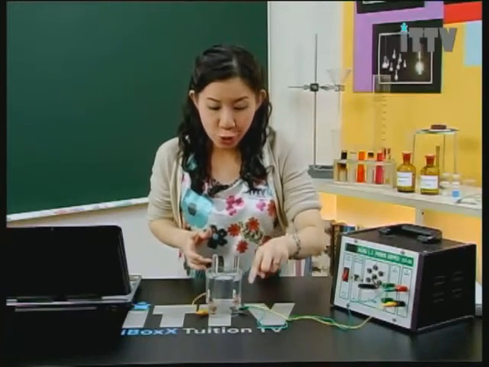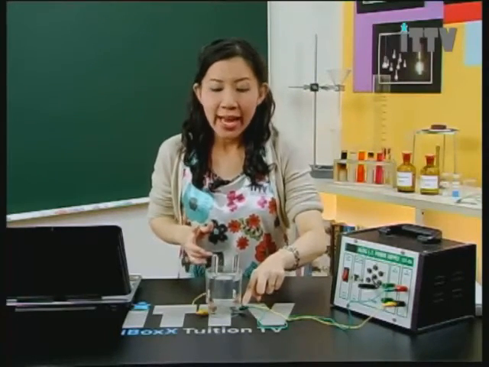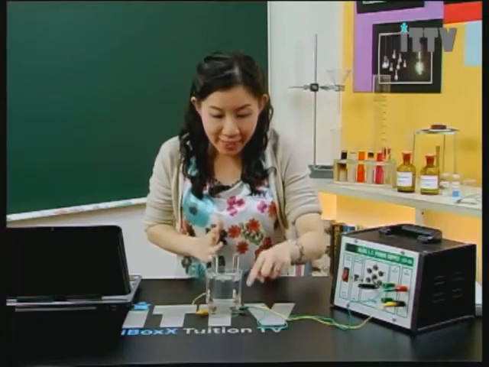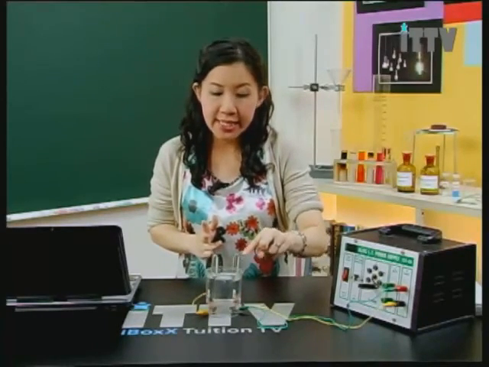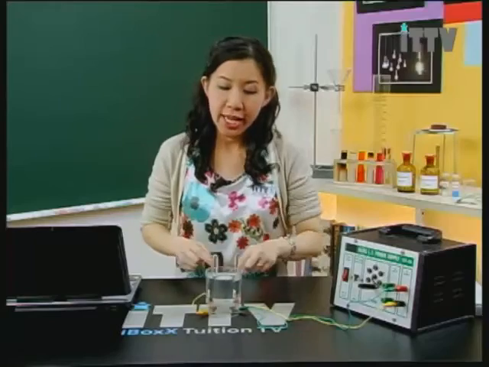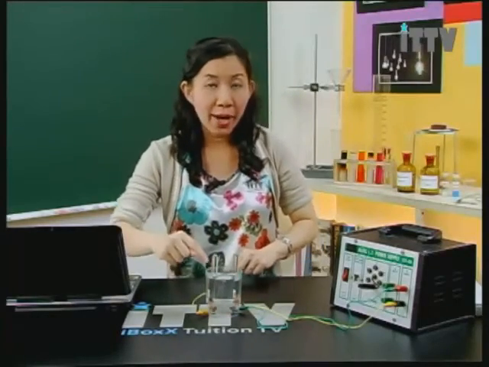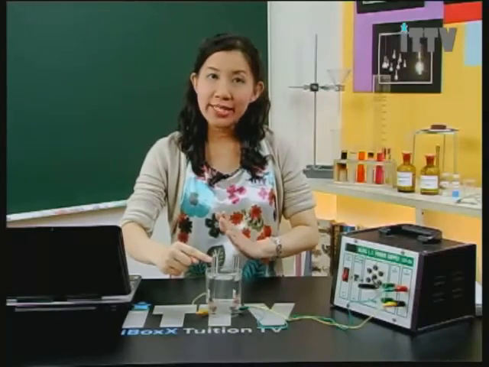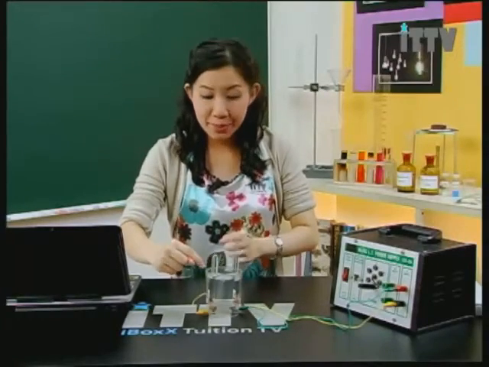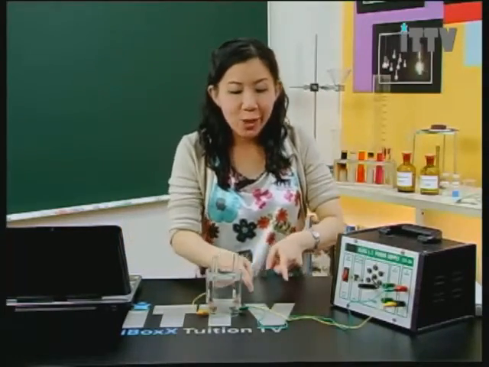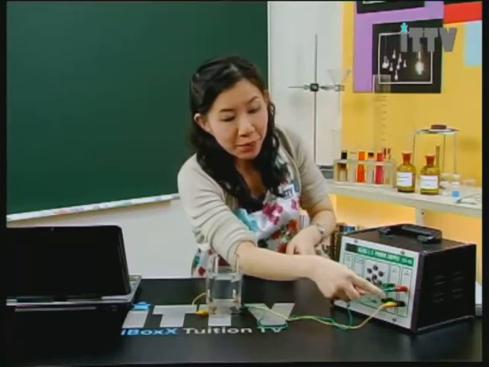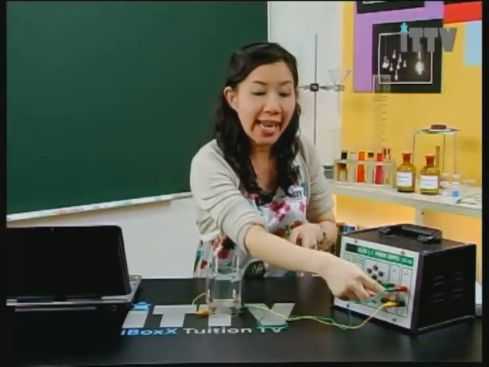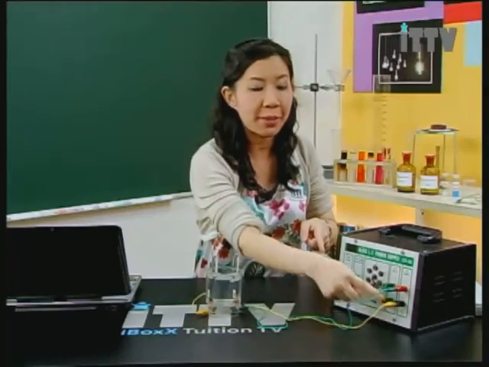So this electrode here will be the anode, and oxidation is expected to happen at this electrode. Therefore, this electrode on my right here is the cathode. The cathode for electrolysis is usually the negative terminal. If you follow the yellow crocodile clip, it will go to the negative terminal of the battery.